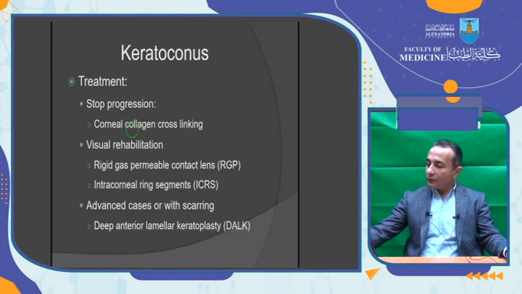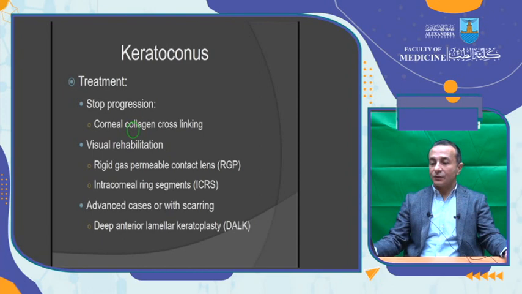So how are we going to treat keratoconus? The treatment should be directed into two lines. First, you must stop progression of the disease, and this can be achieved by only one modality of treatment, which is the corneal collagen cross-linking. The corneal collagen cross-linking, in simple terms, is a minor surgical procedure in which we remove the epithelium.